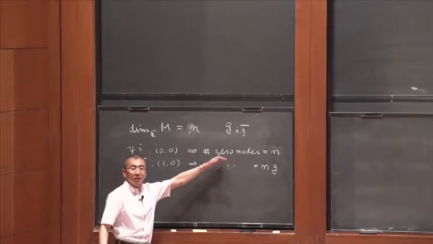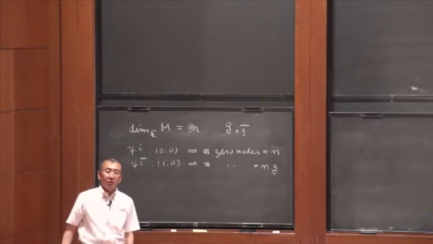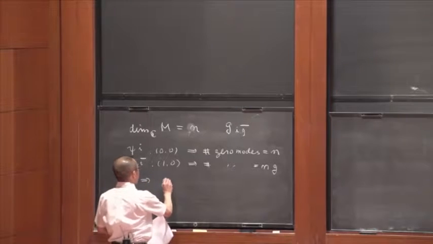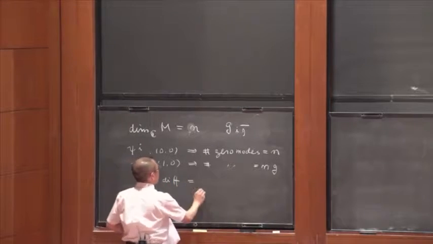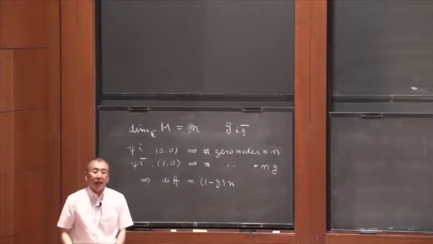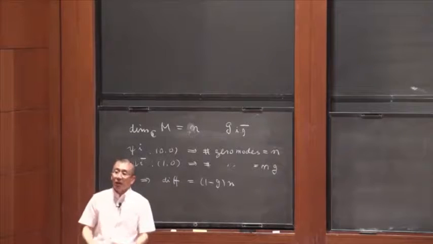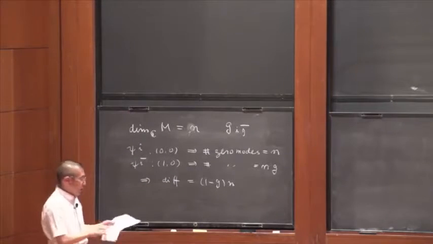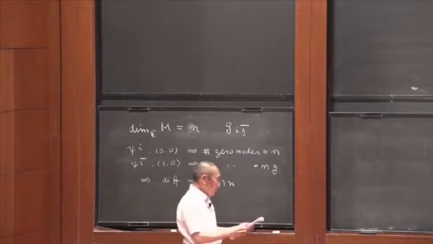But the difference is some kind of index, so that's going to be preserved. Therefore, the zero mode difference, which is (1 minus G) times n, still stays even if the target space Calabi-Yau geometry is curved. This difference does not go away. So that's going to be important.